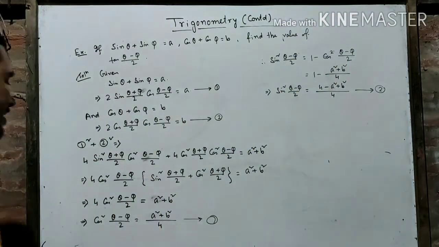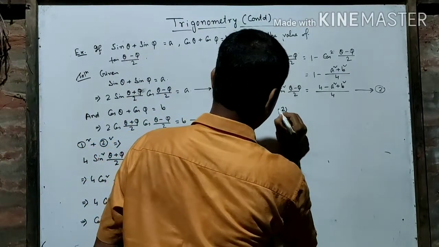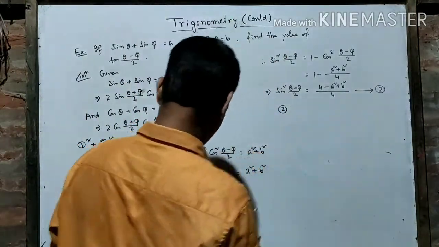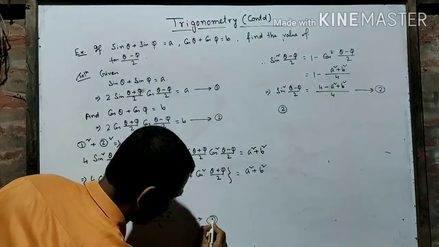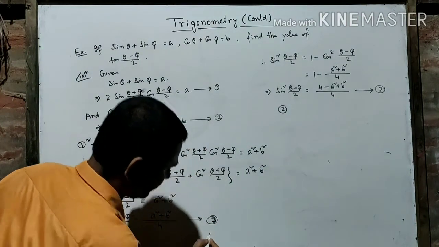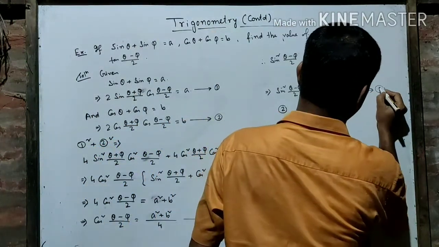And we all know sin square by cos square is tan square. So divide. 1, 2 we have already used, so this will be 3, and this will be 4.